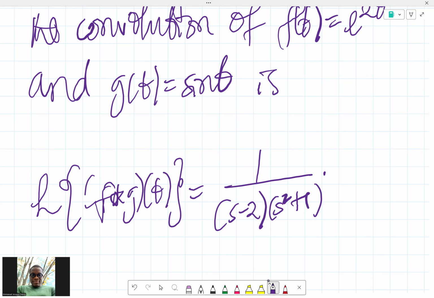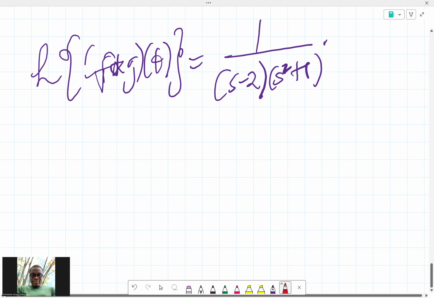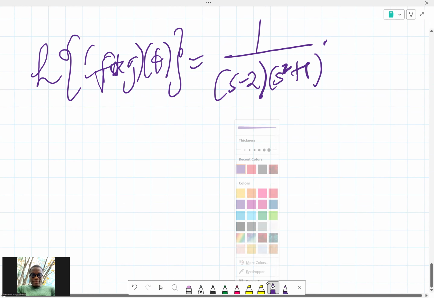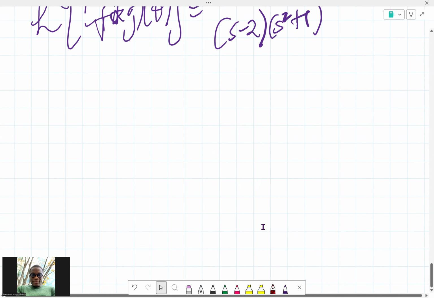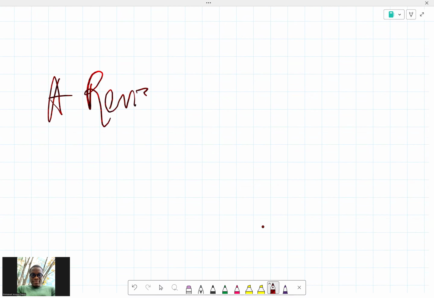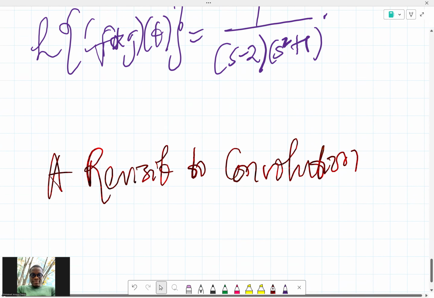Now, just like I said the other time, although this is totally not necessary, you can imagine it as a refresher course in Laplace transform. So let me do this and then go back. Can we just revisit the convolution theorem? Once we get these two and put them together, we are good.